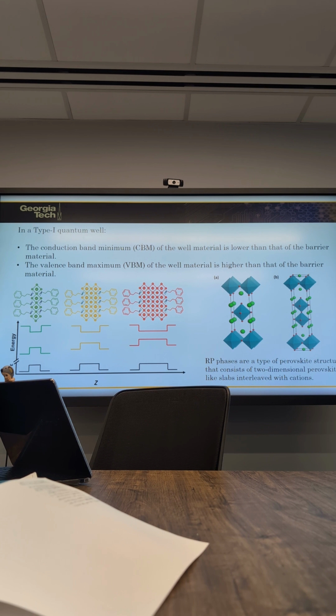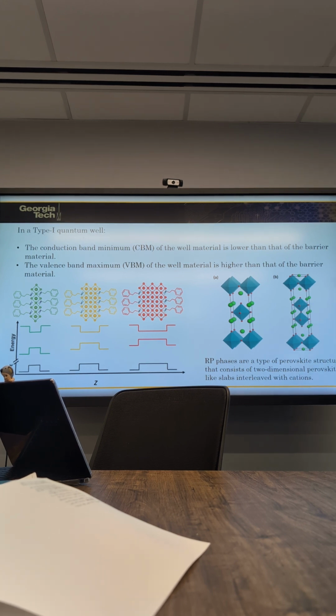Yeah, it's a barrier, because you can have the opposite. There is a type 2, for example, where you can have not a barrier, like a lower conduction and valence band. I'm talking about this one.